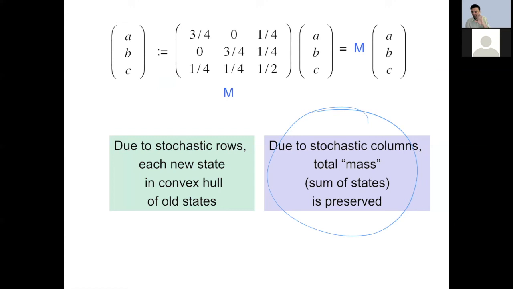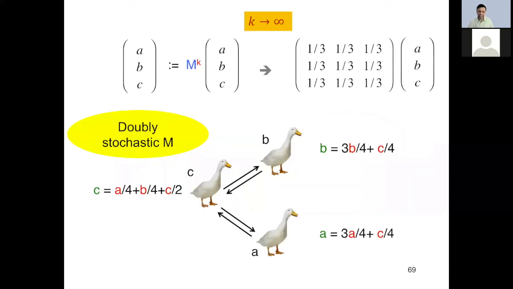Having the rows stochastic gives me consensus. Having the columns stochastic guarantees that the mass is preserved. It guarantees that I not only get consensus, but the consensus is on the actual average of the initial values. Like I said, the proof is not difficult, but I won't have the time for it.